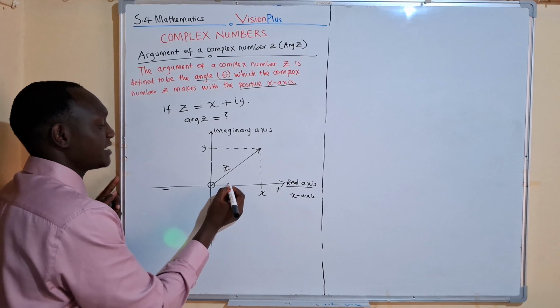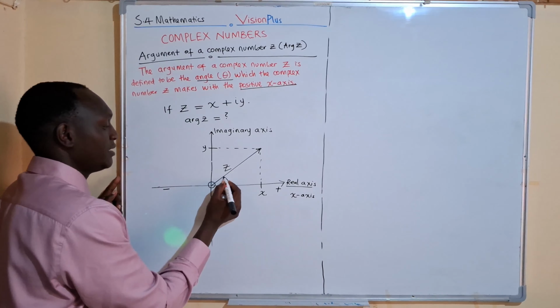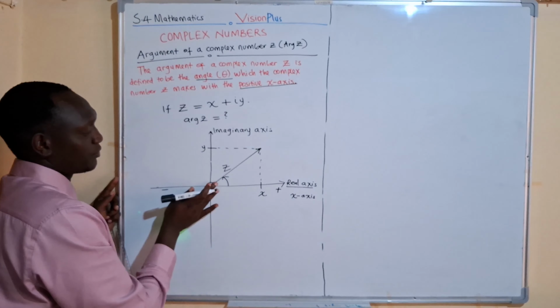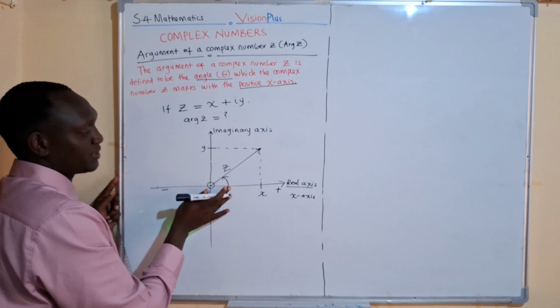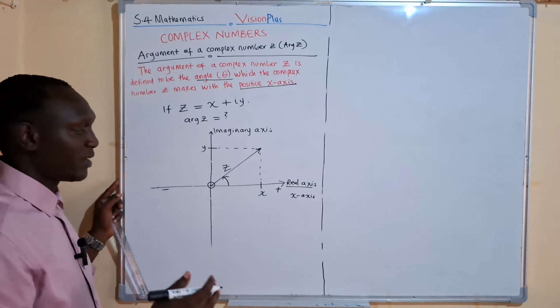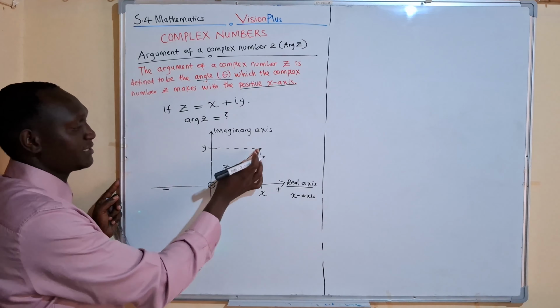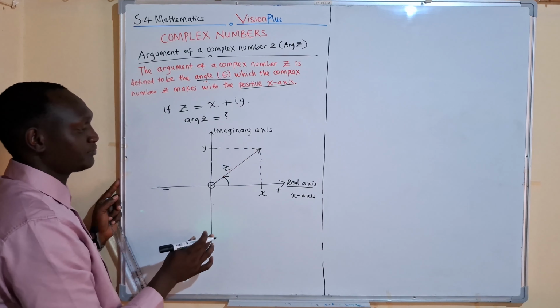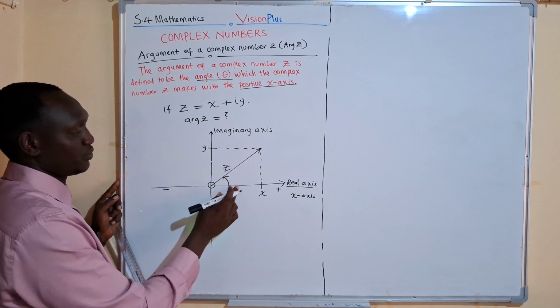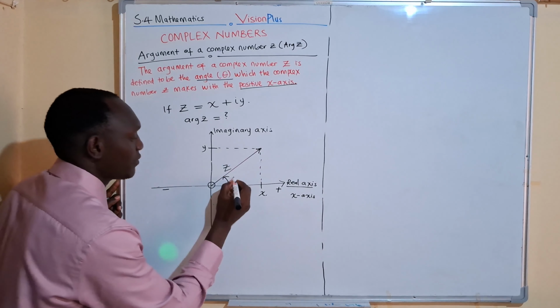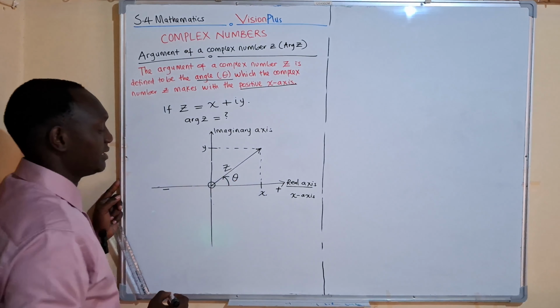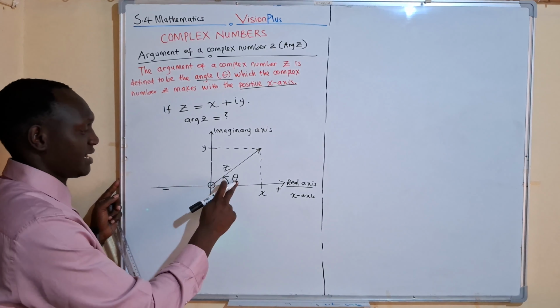Now the argument is this angle that the complex number makes with the positive x-axis. In other words, it is the angle of inclination of the complex number to the x-axis. This is what we are calling the argument, theta.